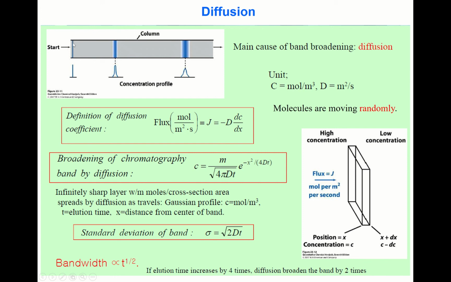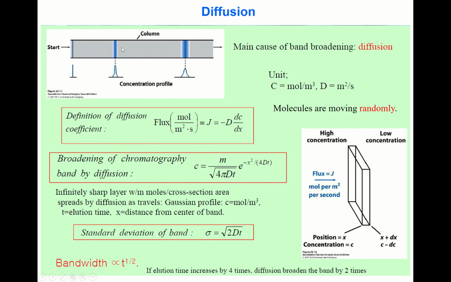Like a spike. And then the mobile phase moves your solute through the column, and at this point, since the sample contains different solutes, and the solutes are randomly moving back and forth, its distribution is just like a Gaussian distribution curve.